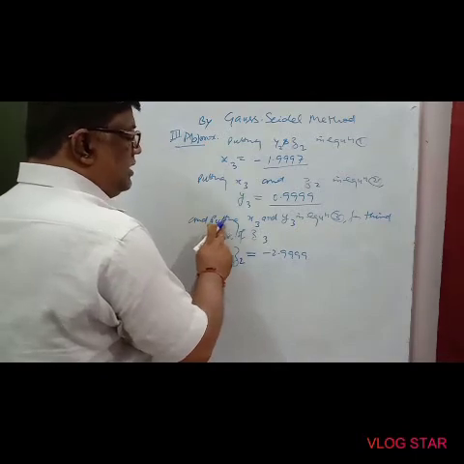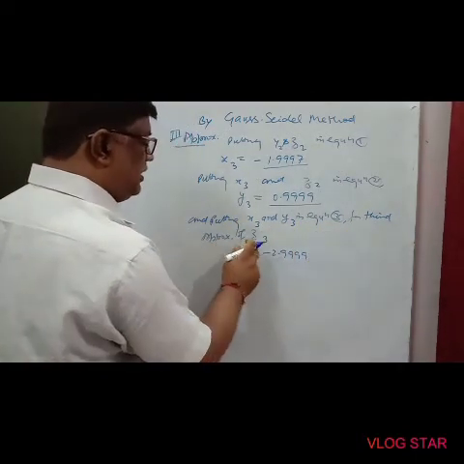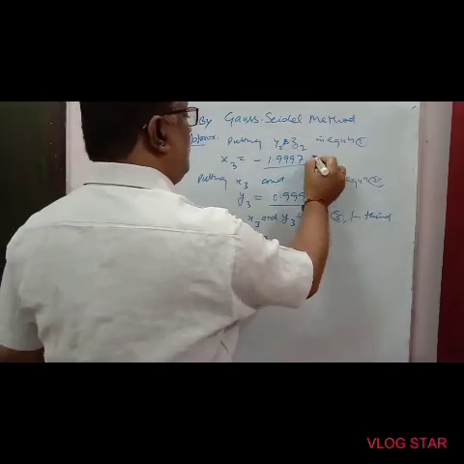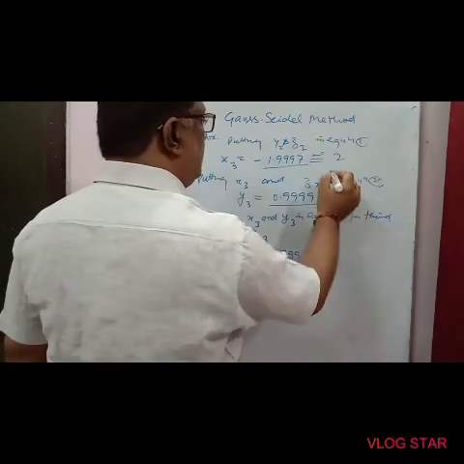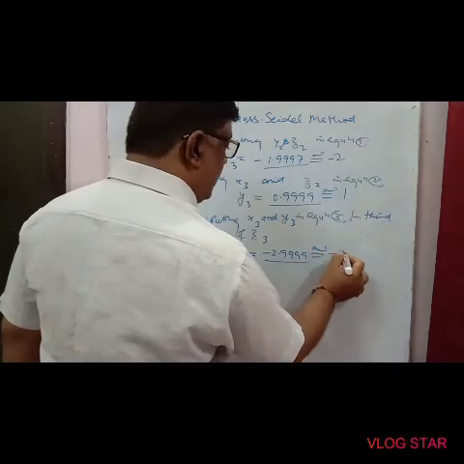And putting again x3 and y3 in equation number 3, the third approximation of z3 is equal to this. Now we have to see that this is equivalent to minus 2, this is equivalent to 1, and this is equivalent to minus 3.